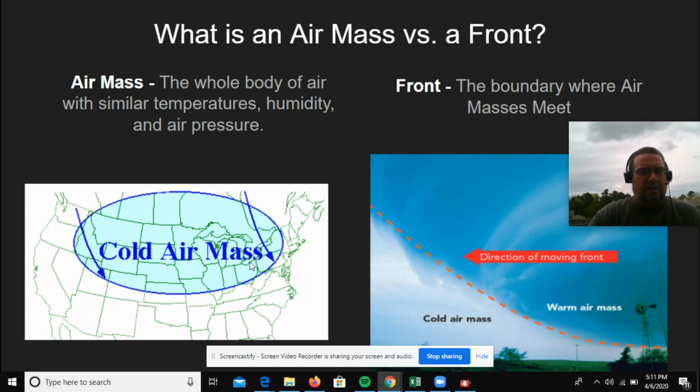So here's a picture of a cold air mass. Notice that it's all circles. This is like a big chunk of air all stuck together, right? All stuck together, and it all moves together, right? Because it has these same traits: similar temperatures, similar humidity, similar air pressure, clumped together, and it's all moving together.